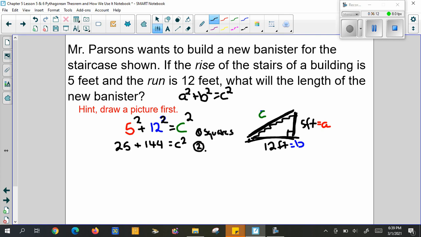When we're finding the hypotenuse, we must combine like terms by adding them. So we're going to take 25 plus 144 to find 169 is equal to c squared.